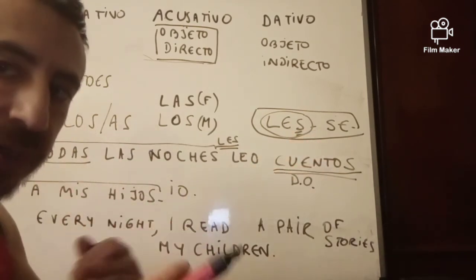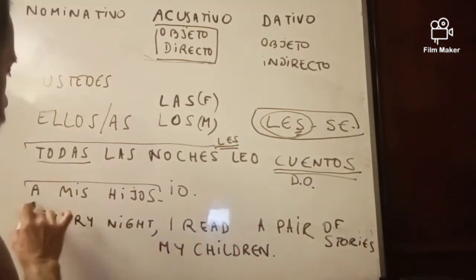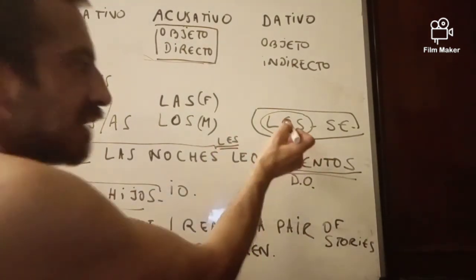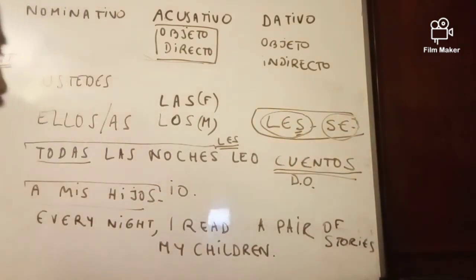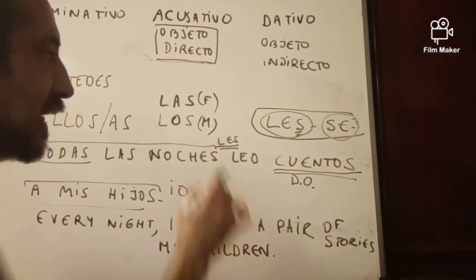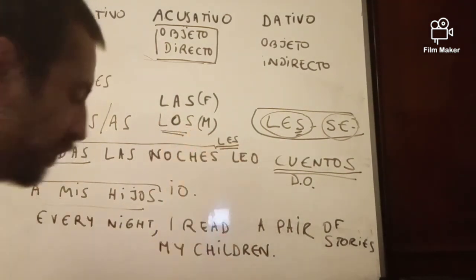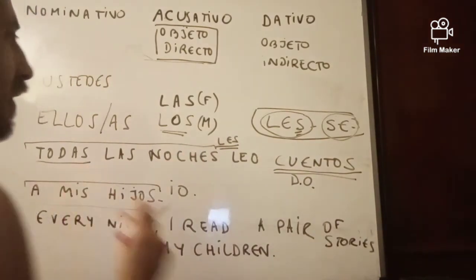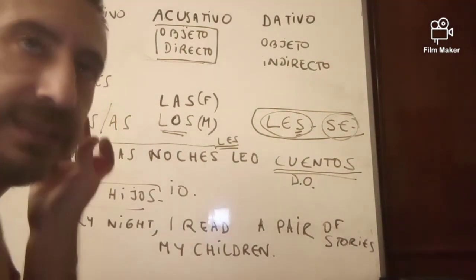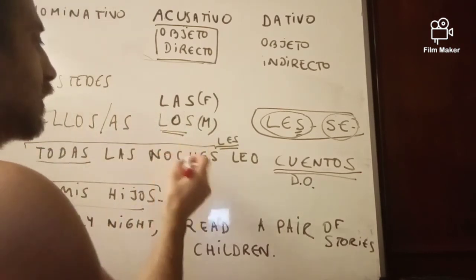But if we want to change both nouns, we have to change this les for this se. Todas las noches se los leo, los cuentos, los cuentos. So I guess this is the most difficult case. Well, it's similar to the third person in the singular. It's the same.